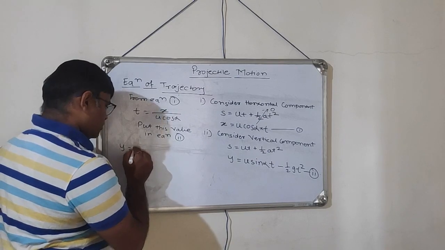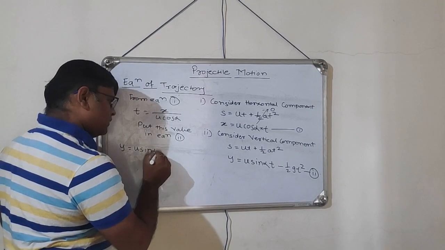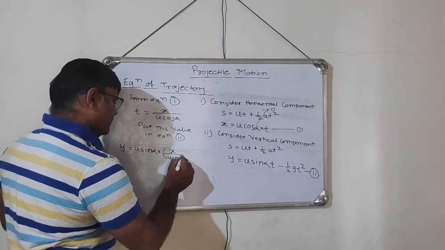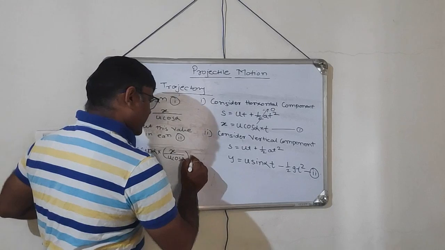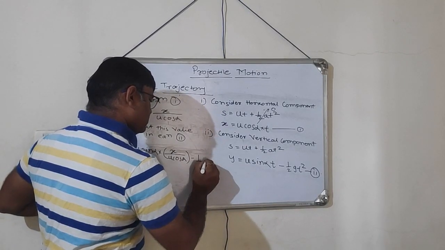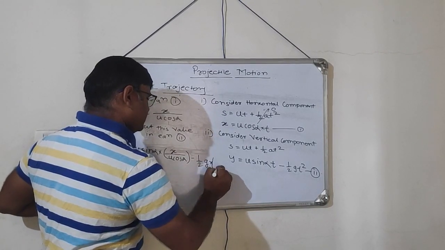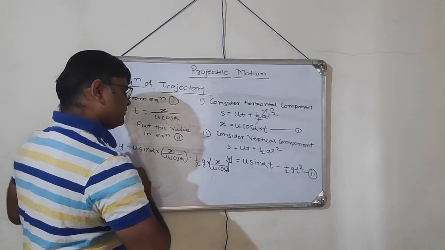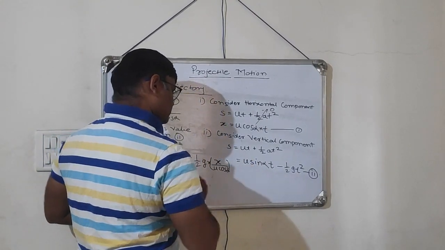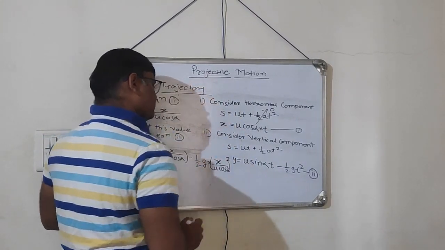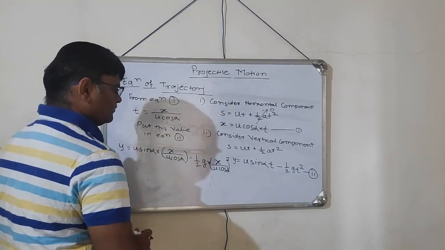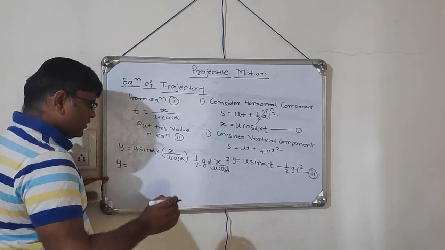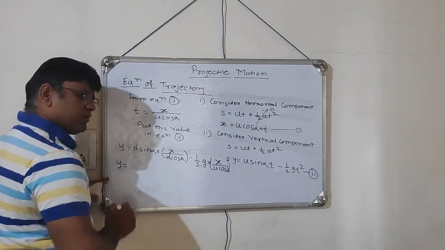y = u sin alpha into t, which is x divided by u cos alpha, minus half of g as it is into t square, which is (x divided by u cos alpha) square. If I simplify this term, u will get cancelled.